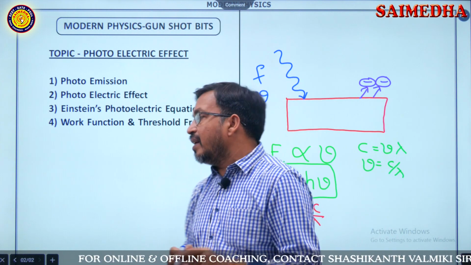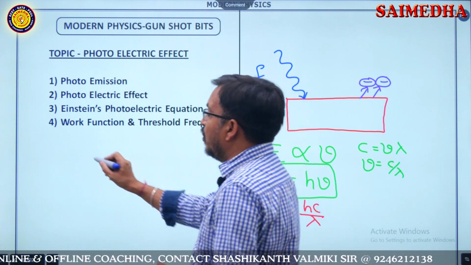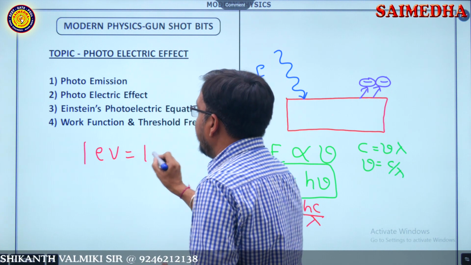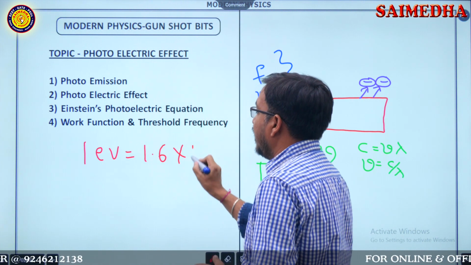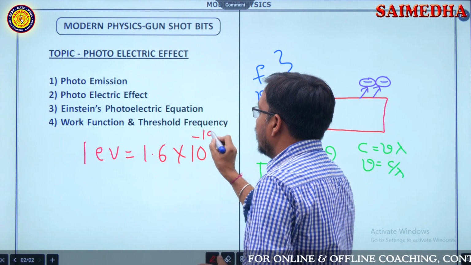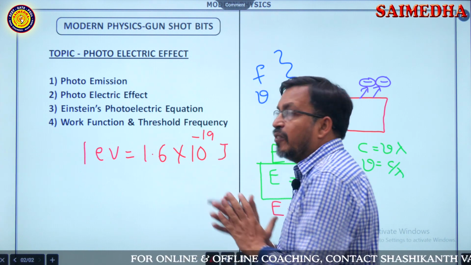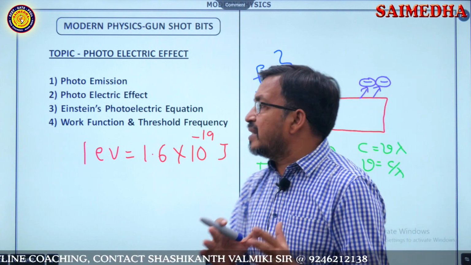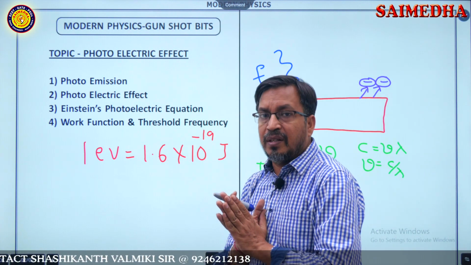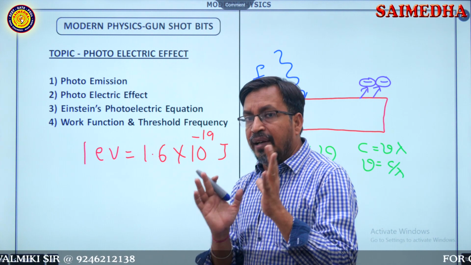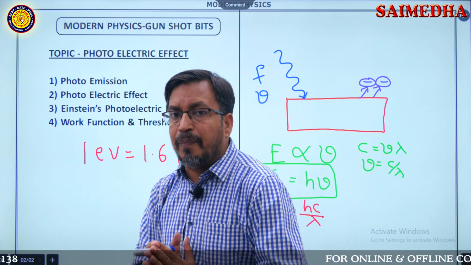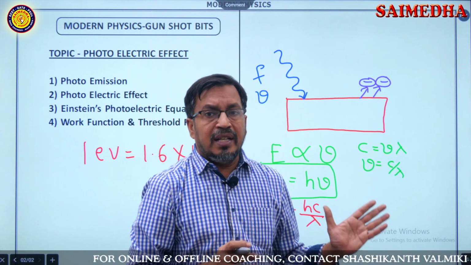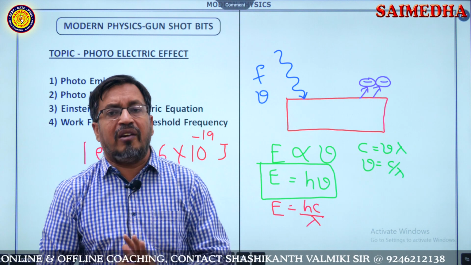You must remember the relation: 1 electron volt equals 1.6 into 10 power minus 19 joules. This is the basic fundamental required to understand these 4 topics. Students, remember the concept: energy of photon is directly proportional to frequency of incident light and inversely proportional to wavelength of light.